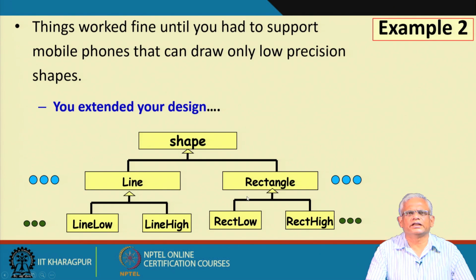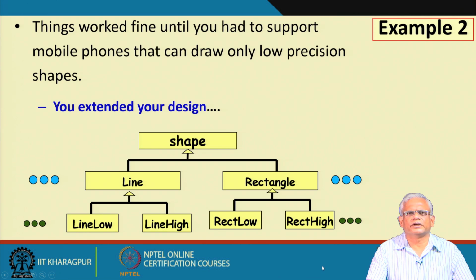So, we had to maintain that the line can be drawn on high resolution, that is on desktops, and on low resolution on mobile phones. Similarly, the rectangle we subclassed into high resolution rectangle class and low resolution rectangle class, and so on.